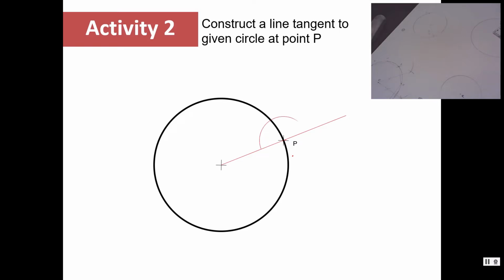Okay, first of all, you draw a straight line from the center point to the P, and then find the midpoint of that line. Well, it's actually very easy, so let's all do it together.